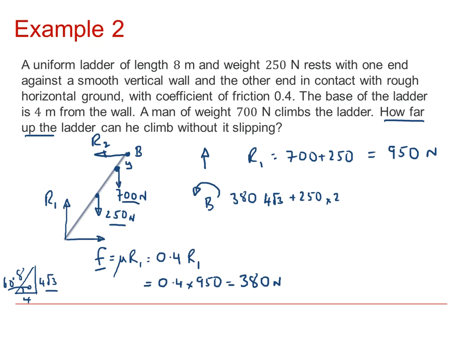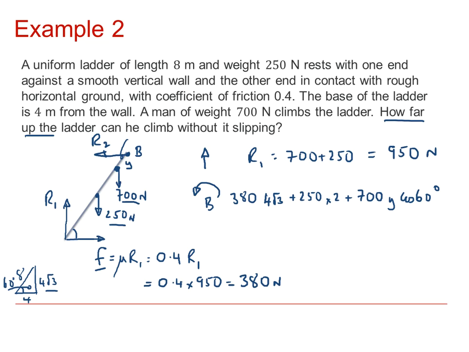And then we've got the 700, and then we need the distance from B. So that will be y multiplied by the cosine of the angle at the top here, which is 60 degrees, using alternate angles. So it's y cosine of 60 degrees.